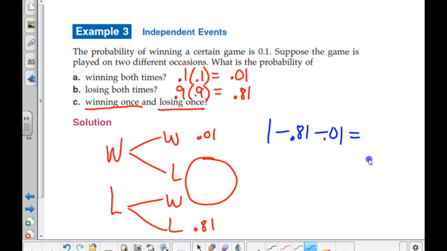So the remainder is 0.18. The other way you could have done that is to say I'm going to lose the first time and win the second. Win and then lose, or I'm going to lose and then win.